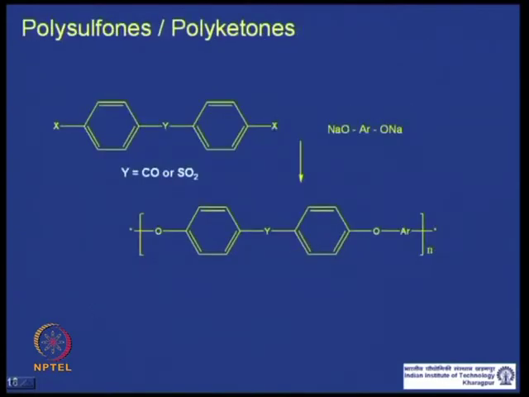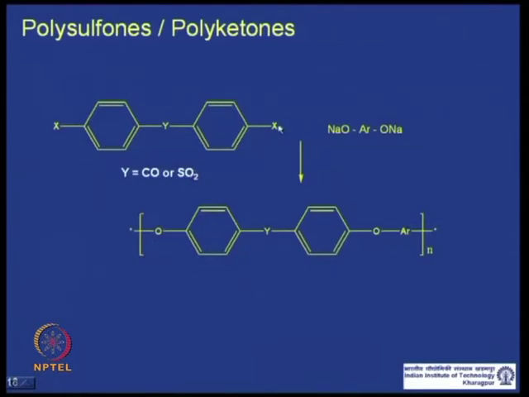Next set of polymers we go to is polysulfones and polyketones. The generic structure is this. It is similar to the bisphenol A structure we showed for polycarbonate, but in this case X is a halide instead of OH, and Y is either a carbonyl or an SO2 group.